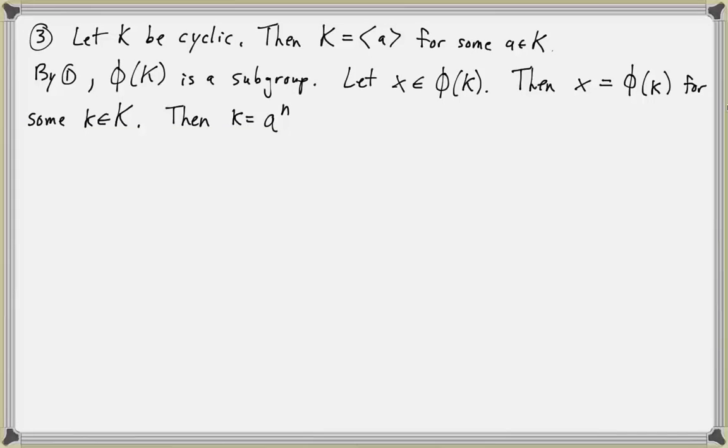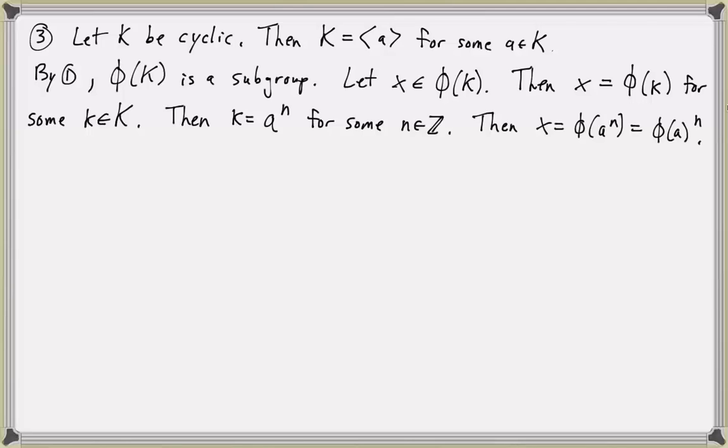But then little k can be written as a to the integer n, since K is the cyclic subgroup generated by a. So then X equals phi of a to the n, which is equal to phi of a to the power n.